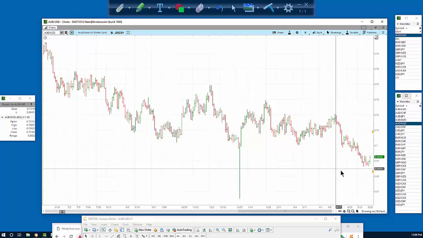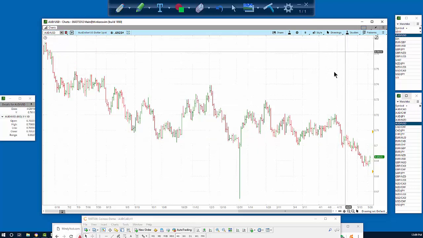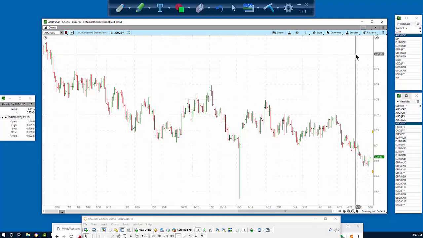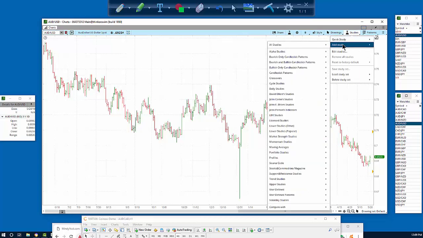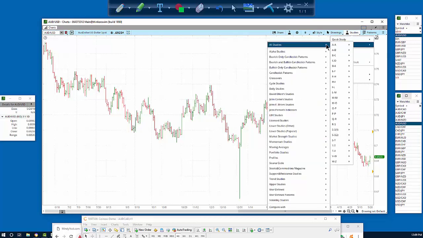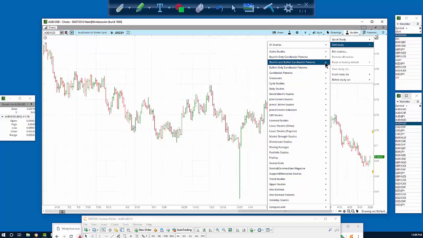But when it comes right down to it, there's probably 280 different technical indicators available for people to put on charts. And so like on this chart, for example, if I go to studies and tell it that I want to add a study, well, here we go. There are literally dozens of indicators in each one of these tabs.